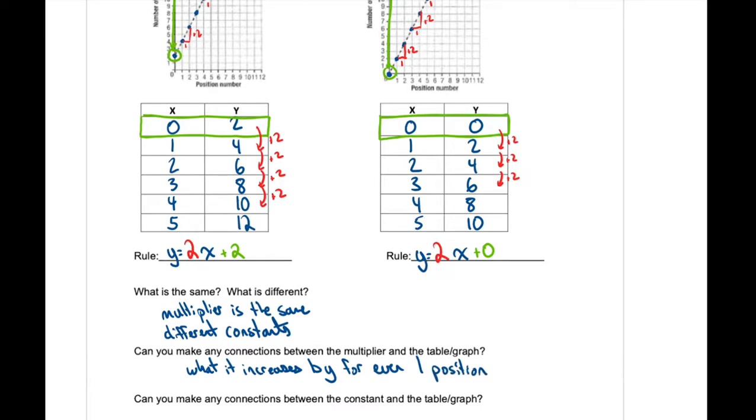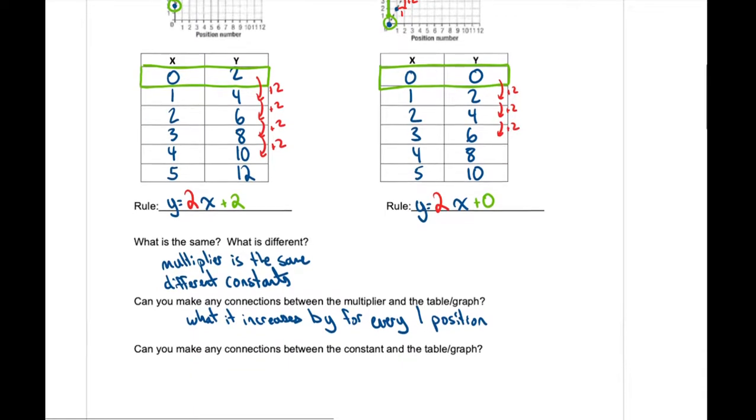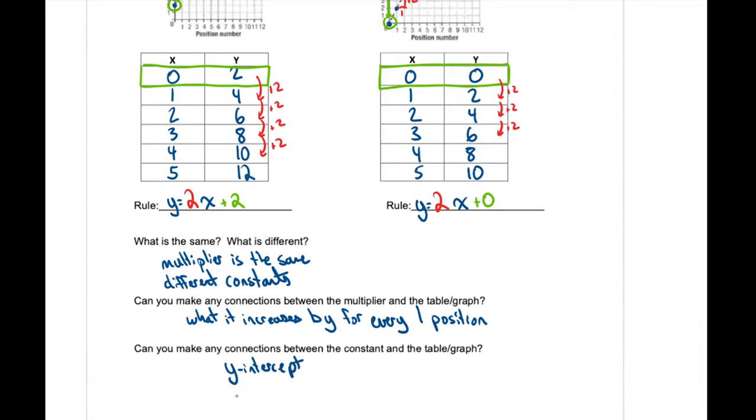And the constant is our y-intercept, or you could say the point on the y-axis. So again, that's kind of the connection between the graph and the constant, and the graph and the multiplier. So we're going to use that to help us jump directly to the equation from the graph.